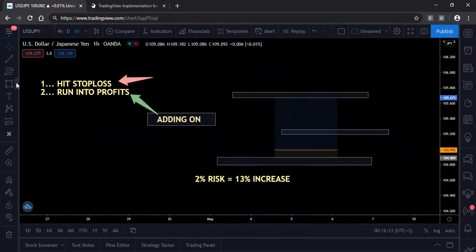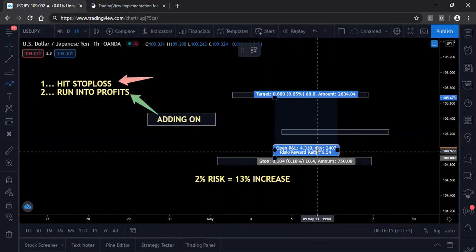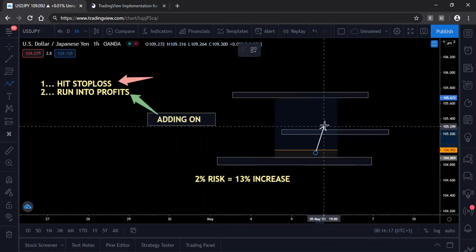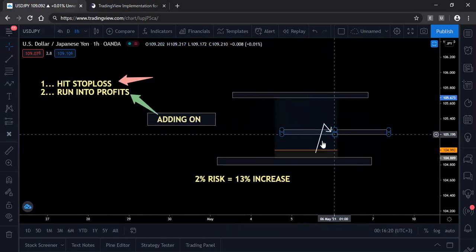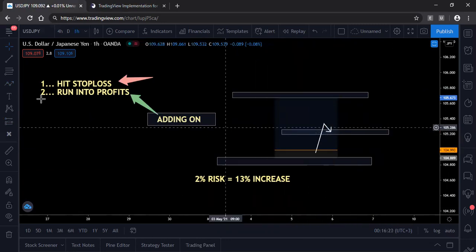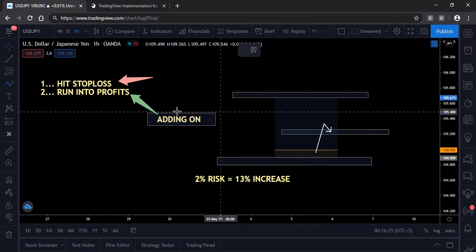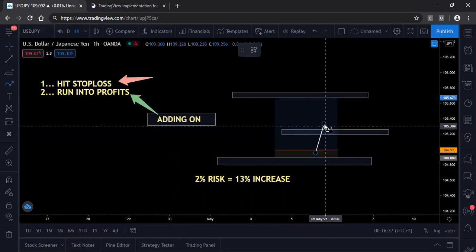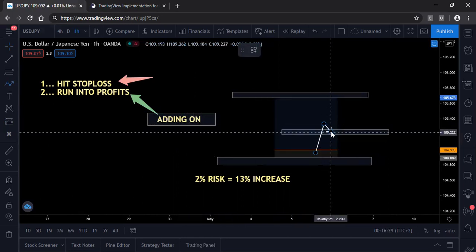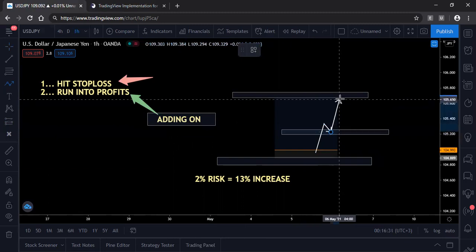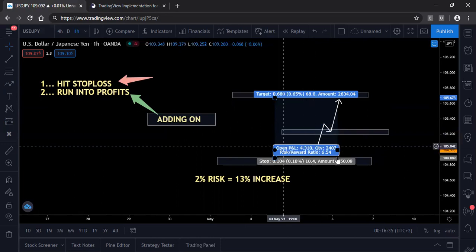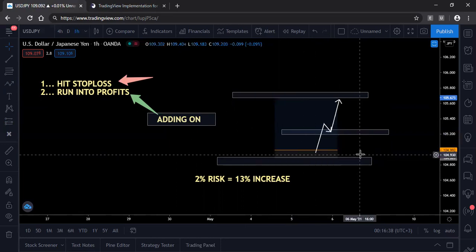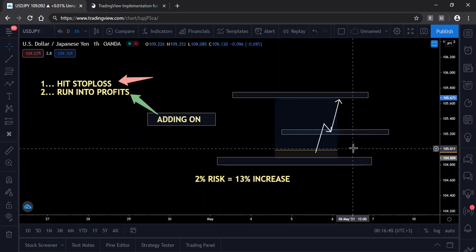Now, let's say the market started moving. The market from your entry point came, broke this zone, and then it retested here, retested this minor broken support level. Now, adding on is actually after the market structure has been broken and retested. At this point, you can actually add on more positions to come to your support area, because you've seen that the market is going with your analysis, so you can actually make more money out of this trade, right?